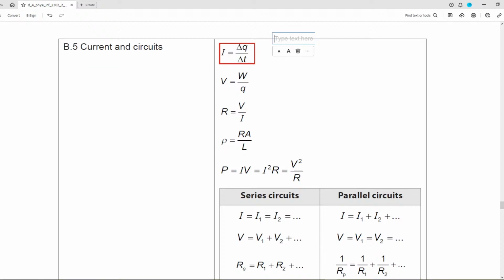I is current, Q is charge, so change of charge, delta Q: the flow of charges, the amount of charge moved through a given point, and delta T is the time taken. The second one is the definition of electric potential, or potential difference rather, voltage.